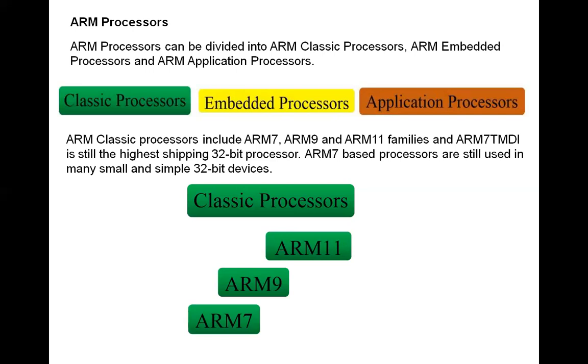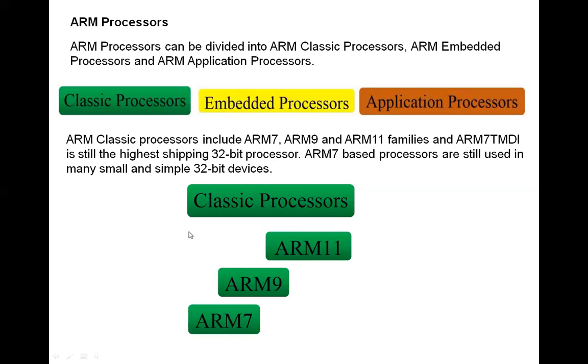First, the classic processors. The ARM classic processors include the ARM7, 9, and 11 families, and ARM7TDMI is still the highest shipping 32-bit processor. ARM7-based processors are still used in many small and simple 32-bit devices. So these are the ARM classic processors available in the market.